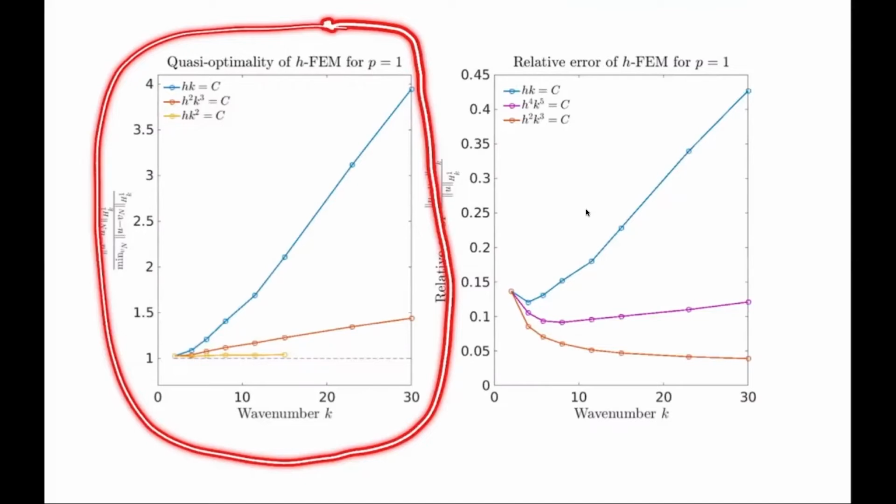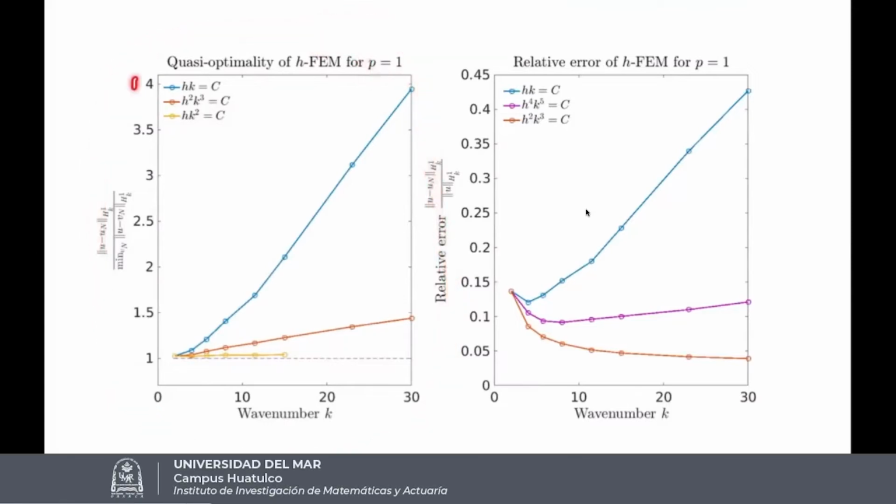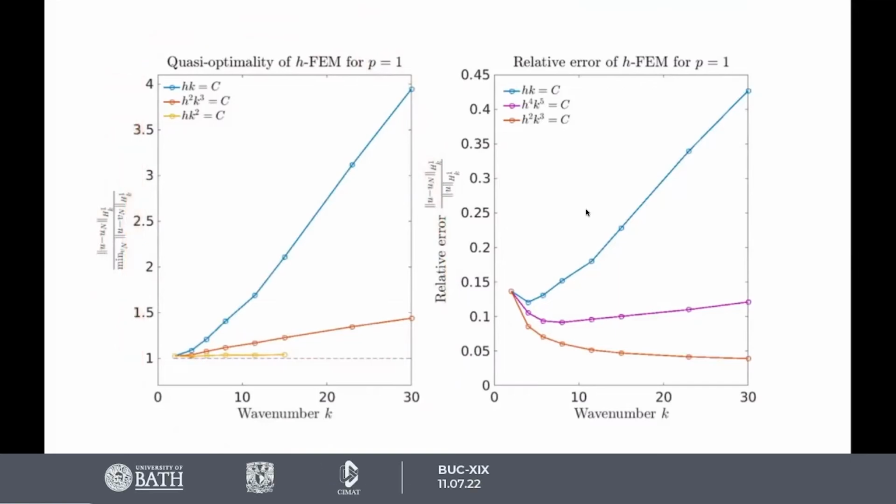We're solving it exactly as I said with these piecewise polynomials. It's the h version. So here are the results for degree 1 polynomials, and this left axis is exactly this quasi-optimality constant C_QO.